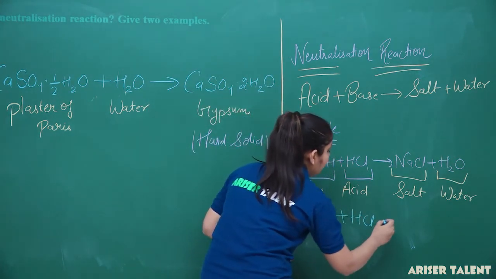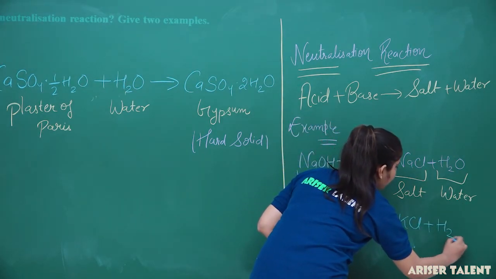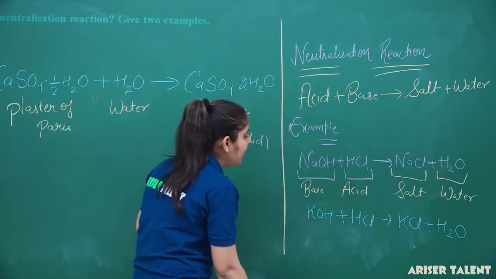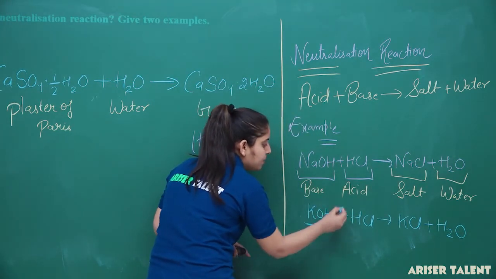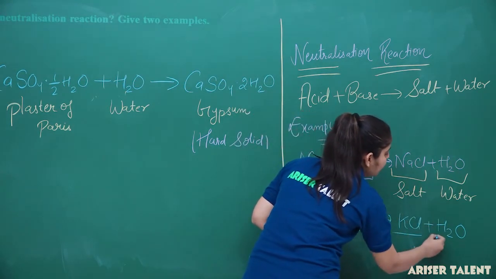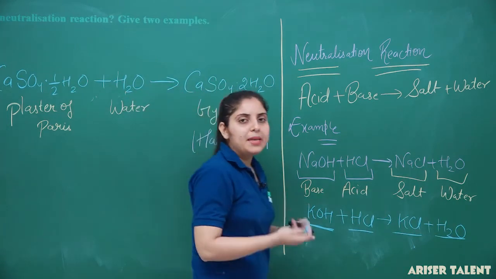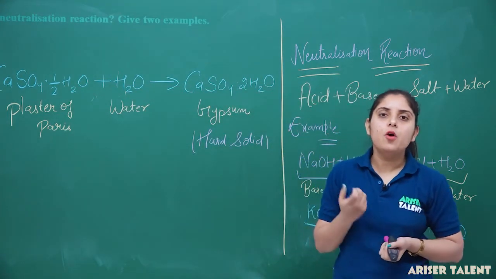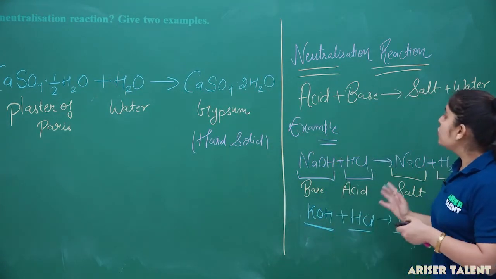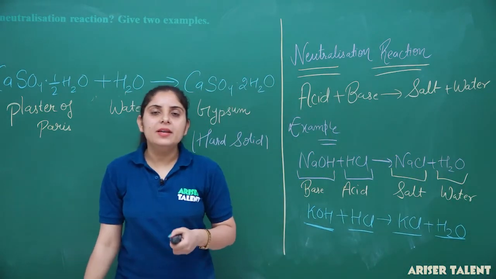It will react with HCl and form potassium chloride with the evolution of water. So again, KOH is a base, HCl is an acid, KCl is a salt, and H2O is water. So we can take many more examples of bases and acids forming salt and water. So this is actually the neutralization reaction. Now we are proceeding to our next question.